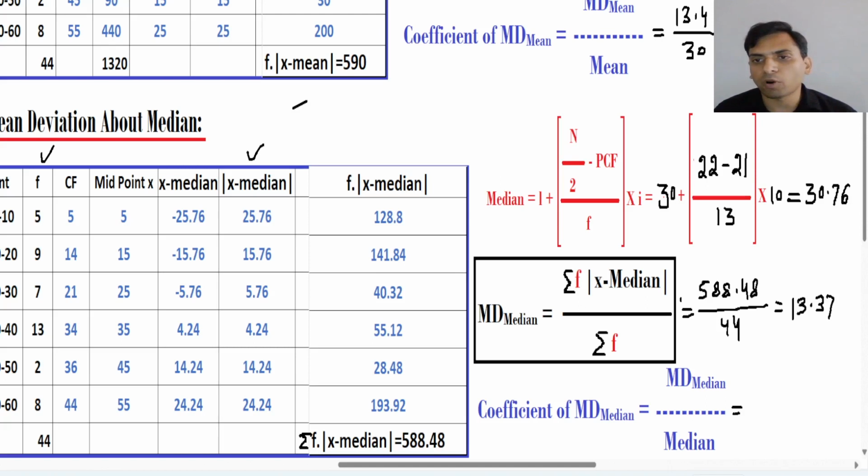Now this 13.37 divided by median, which is 30.76, you will get the coefficient of mean deviation about median.